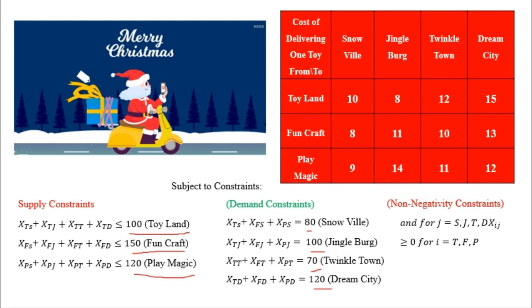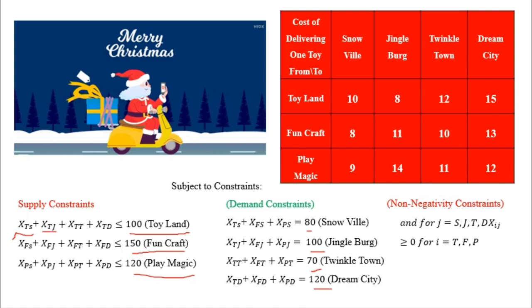So that is what it is: x TS, that is quantities of toys from the Toyland workshop to Snowville, plus quantities of toys from Toyland to Jingleburg, plus quantities from Toyland to Twinkletown, plus the quantities from Toyland to Dream City.